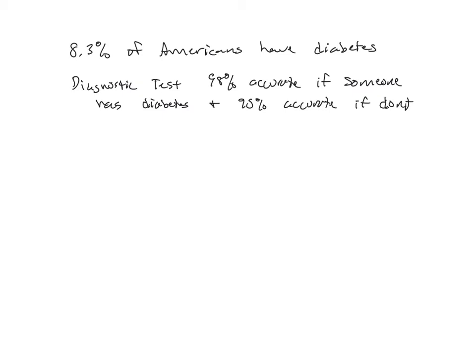Okay, so if you're given a test and you have diabetes, 98% of the time it's going to be an accurate diagnosis. And if you don't have it and they give you this diagnosis, 95% of the time the test will be correct. So there is some error, obviously.